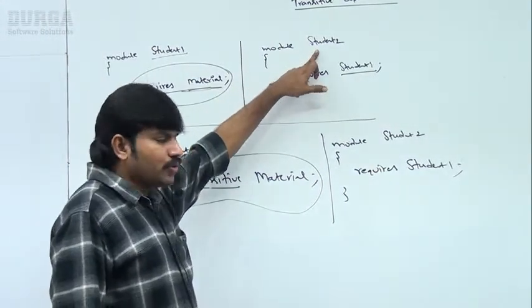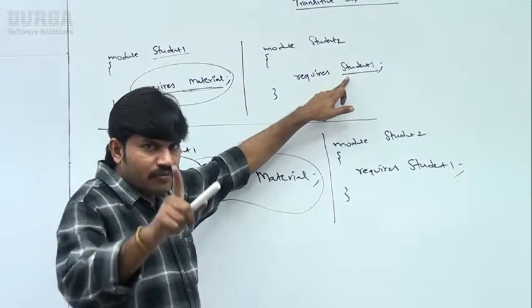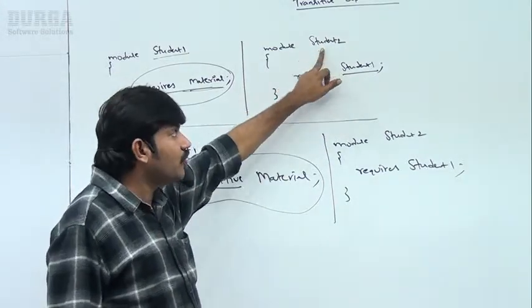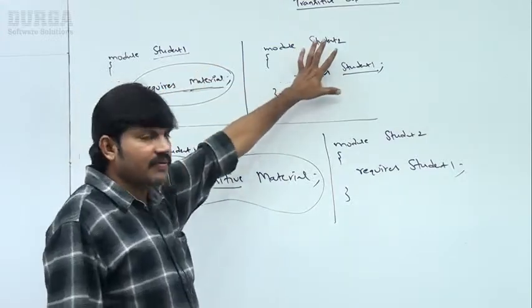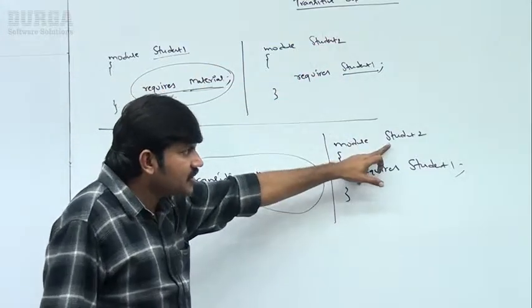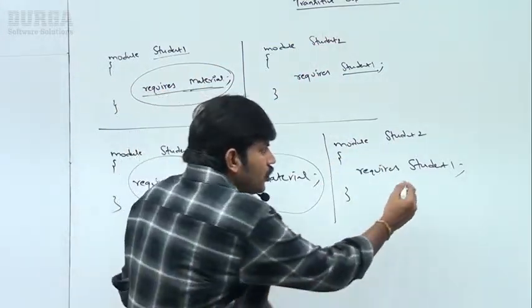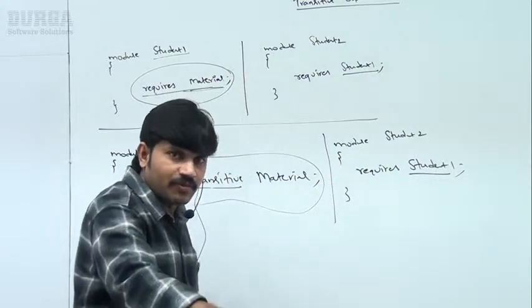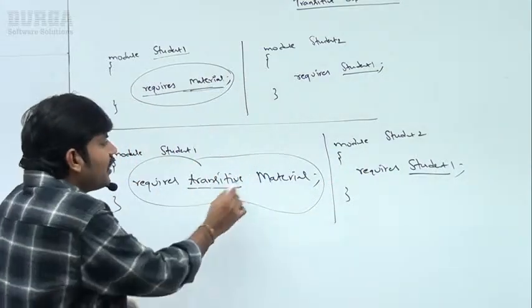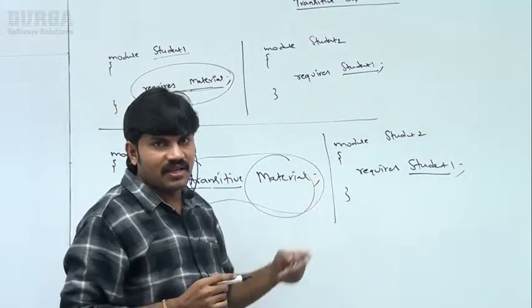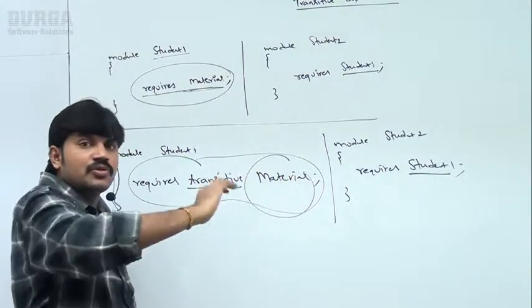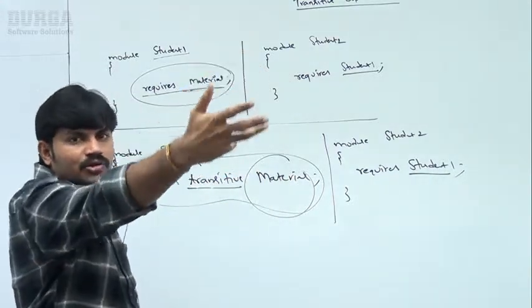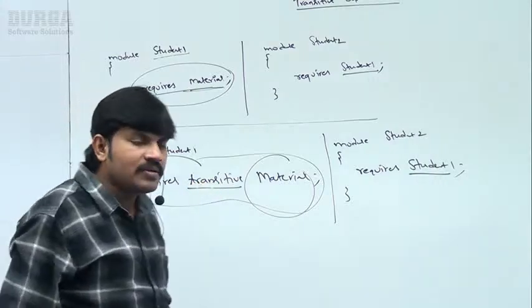For student 2, only student 1 is available, but material is not available for this. In this case, for student 2, student 1 module is available. From student 1, material is also automatically available. Sir, if you want to provide this material to the next level person also, then happily we can go forward.